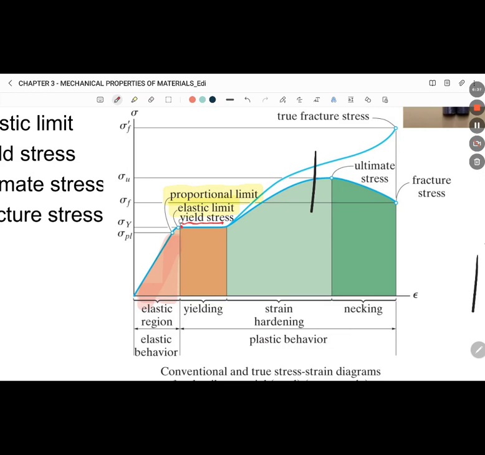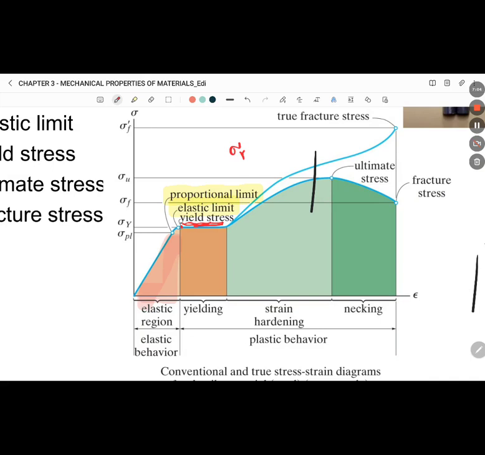The stress that causes yielding is called the yield stress or yield point, and the deformation that occurs we call plastic deformation.